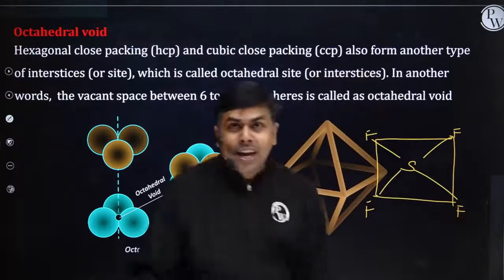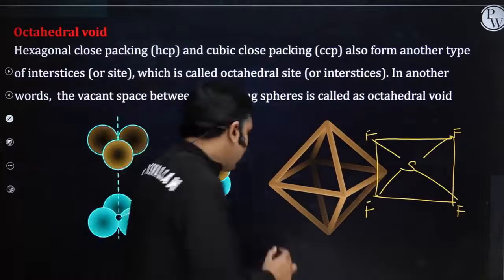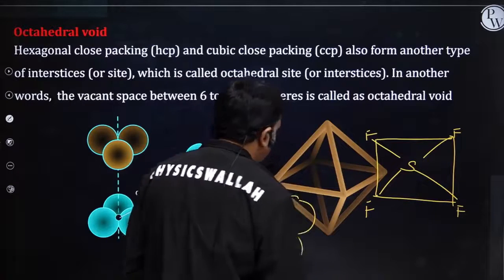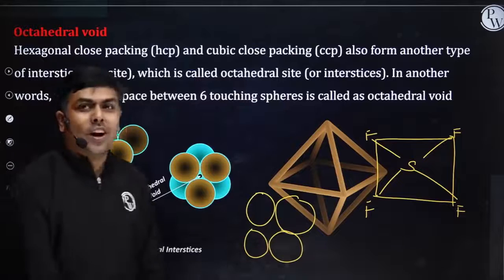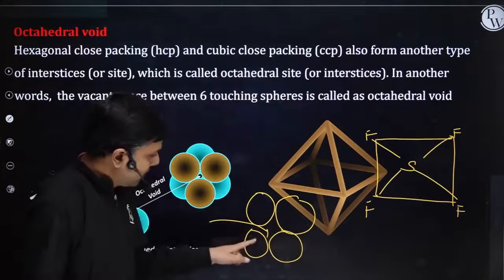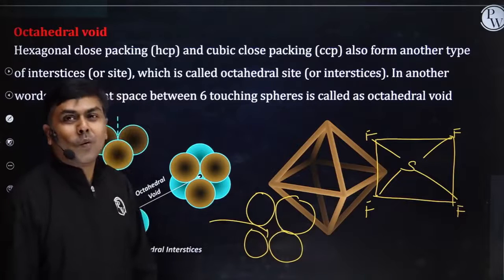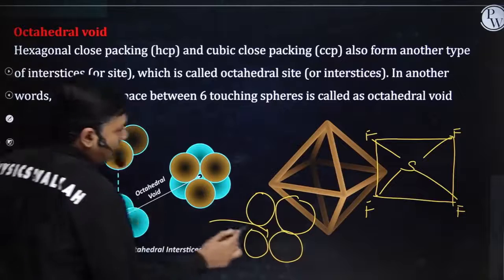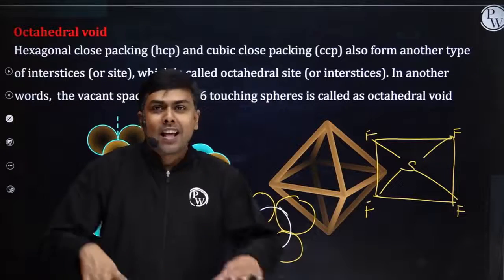So you have to take 4 spheres touching each other. They are going to form a square pattern, right? Now, you are going to get a void here. One void, right? Now, you take 2 spheres. Try to cover this void from the top as well as from the bottom.